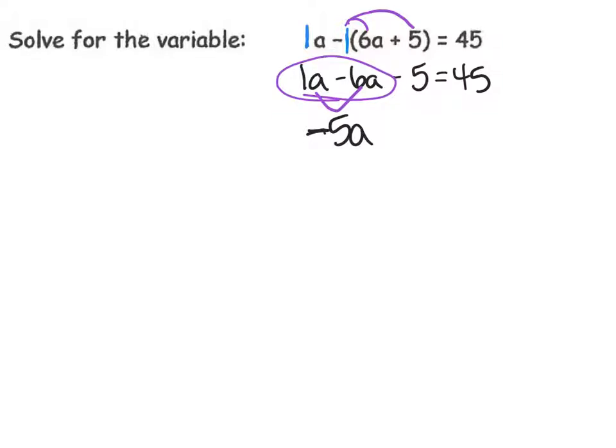I'll write my equation in black and the steps and the tips in purple. Those got put together. Then this -5 just drops down and you write it again. The equal sign just drops down. 45 stays, drops down.